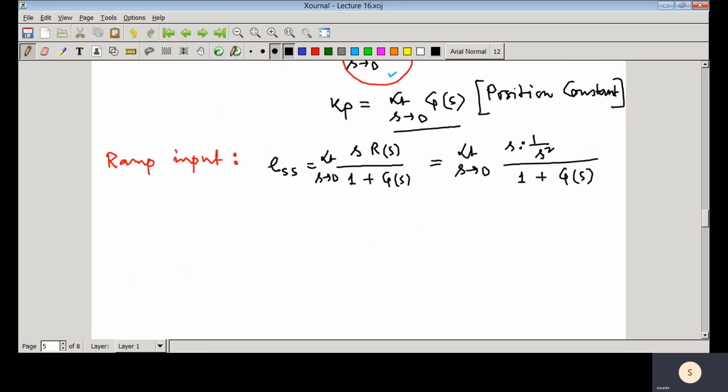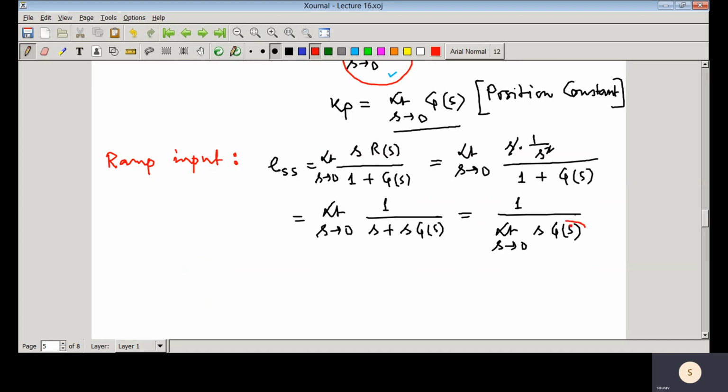Then the s is cancelled out, and that is limit s tends to 0 of 1 by (s plus sG(s)), and then it would be 1 over limit s tends to 0 of sG(s).